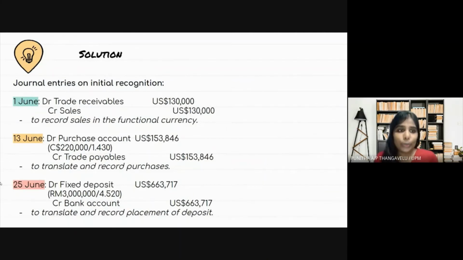On 13 June, the debit is purchase account and credit is trade payable. We have to record the purchase in US dollar. In order to do that, we have to translate the Canada currency to US dollar.